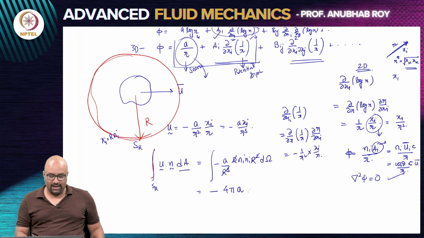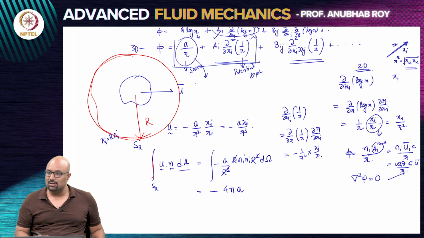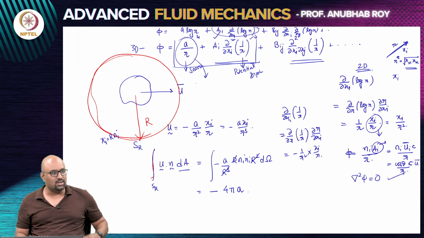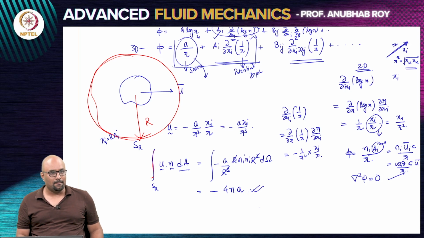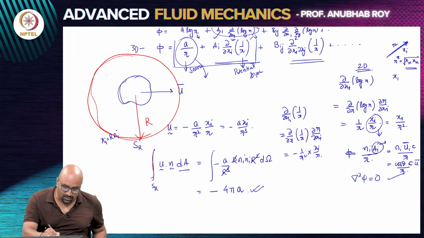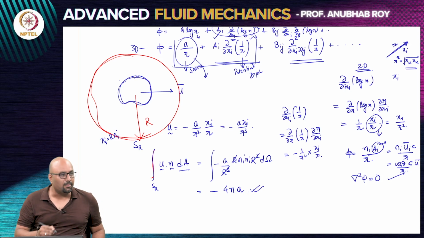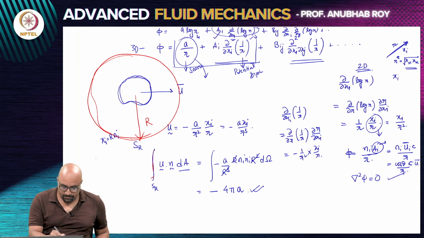So, if I integrate this velocity over a surface of radius R enclosing the object, I get a volume flow rate that is minus 4 pi a. Now, what is the volume flow rate over the surface of the body? If I say the body is S_P, what is this over the body?